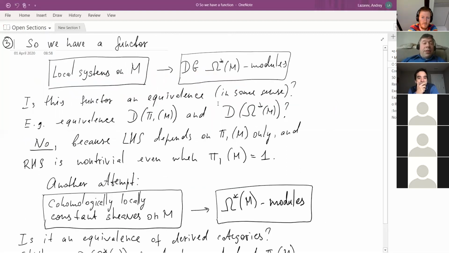Right. So if you do it a little bit more carefully, then we see that there is actually a functor which associates to a local system, or a representation of the fundamental group, or locally constant sheaf, a differential graded module over the de Rham algebra on a manifold.